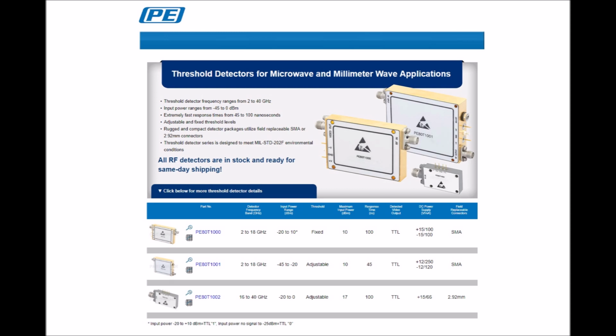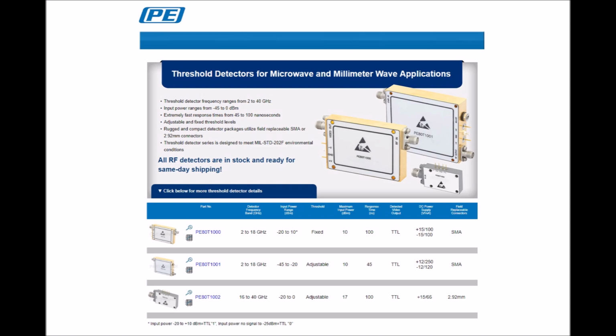AC waves. So here's the Pasternack and Infinity brand website, which shows a threshold detector for microwave and millimeter wave applications. And some of the specs on it I'll just read out loud. Threshold detector frequency ranges from 2 to 40 gigahertz. Input power ranges from -45 to 0 dBm. Is that decibels?